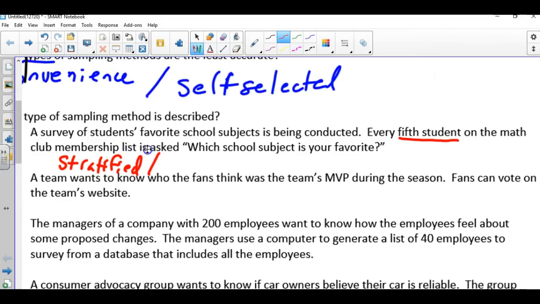But then it's systematic as well because they chose every 5th student. Stratified because they broke it into specific groups. They specifically asked the math club out of all the students in the school. And then within that, systematic because they picked every 5th student in the math club.